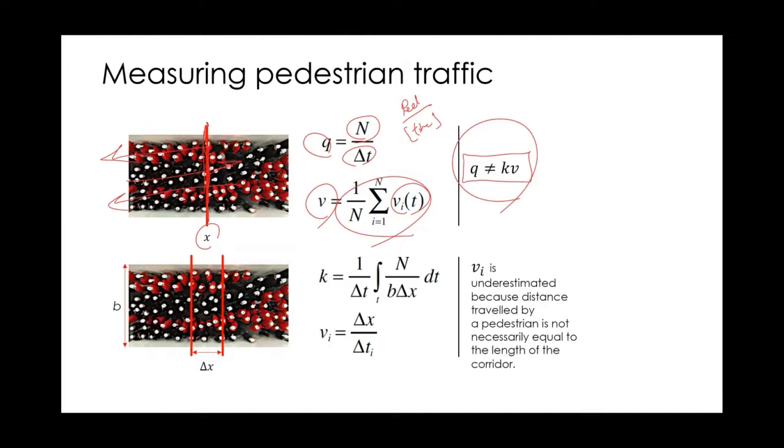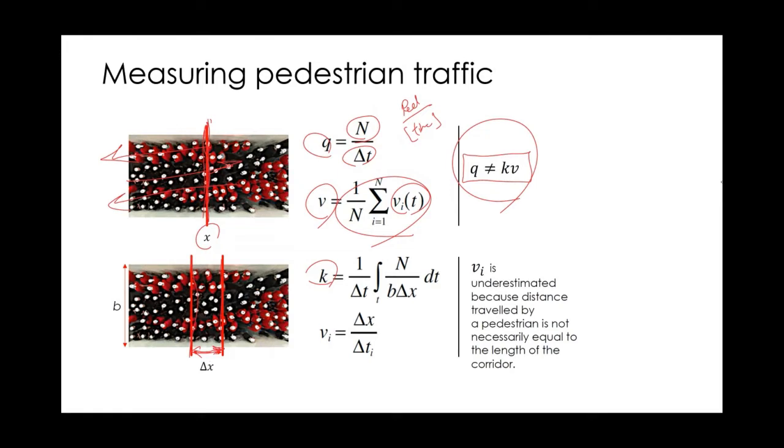So the second way is actually, instead of drawing a line, how about we draw two lines and identify an area for the measurements with width B and depth delta X, let's say. So here, I can actually calculate densities.